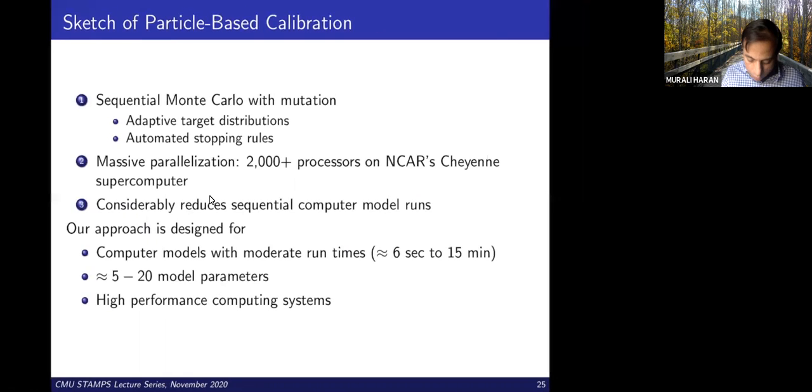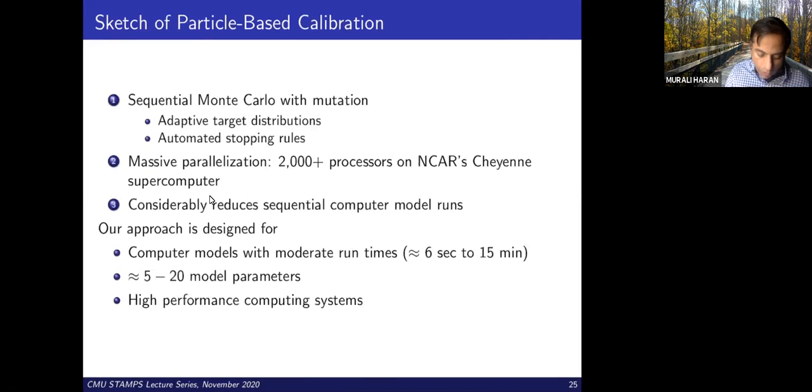So here's a quick overview of how the sequential Monte Carlo works. Sequential Monte Carlo essentially uses a number of particles. If you're familiar with importance sampling, you take a large number of particles, and for each of those particles, you resample according to a distribution such that you get draws that approximate a target. So you have an importance function, and that's how you sample the particles.